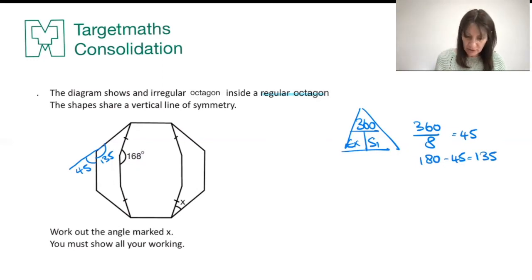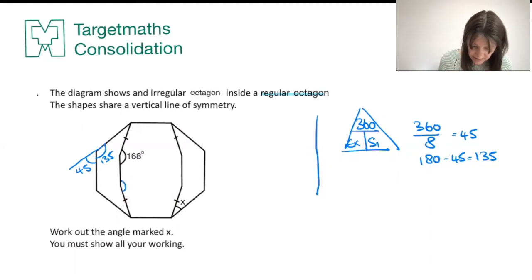Now, vertical is straight up, so that is saying to me that straight through the middle here is a line of symmetry. I can also see that these edges are equal. So it's actually telling me that all of these angles here have to be the same.